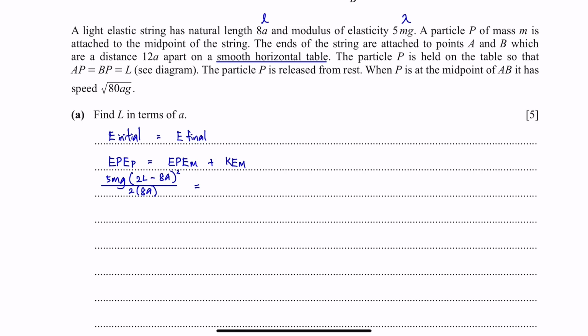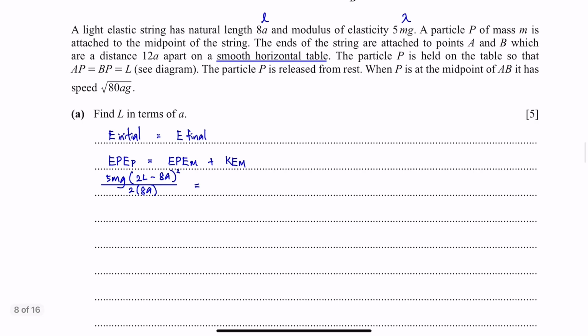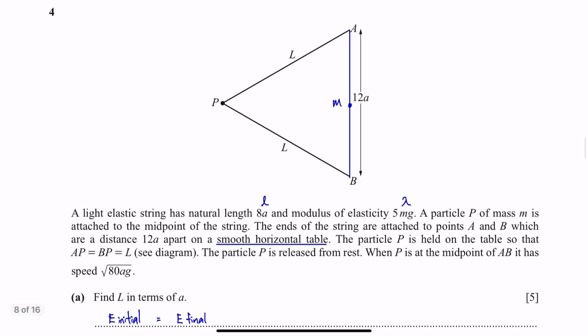And for the elastic potential energy at M, we have the same modulus of elasticity, which is 5mg, times, at point M, the extension would be 12a minus 8a.